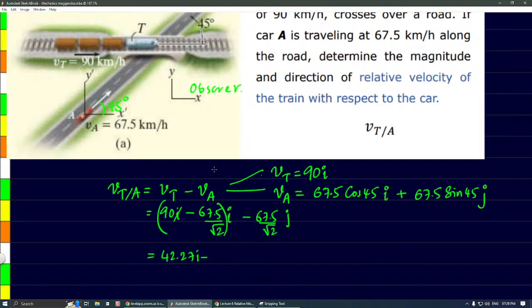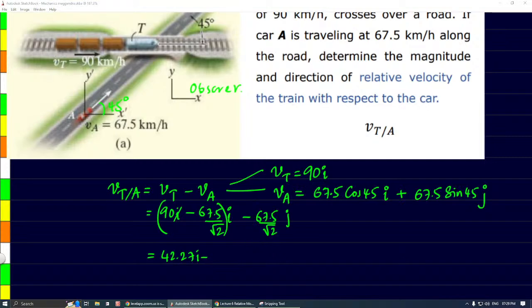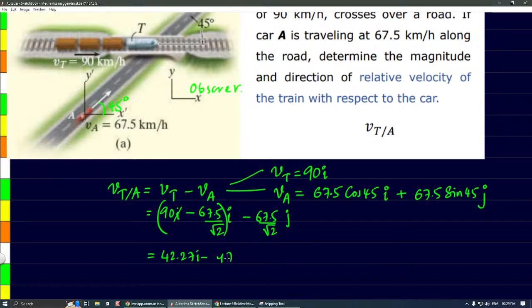What do we get? 47.73 j. So this is the velocity of the train with respect to the car.